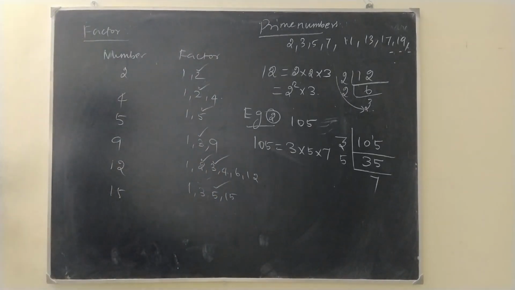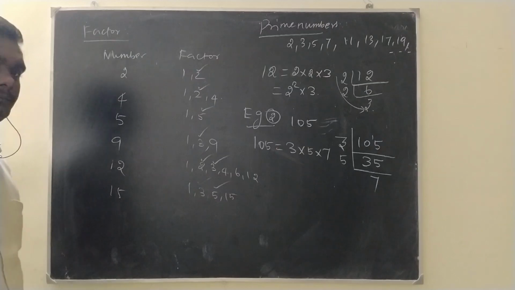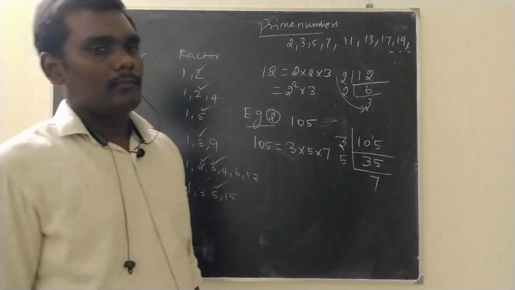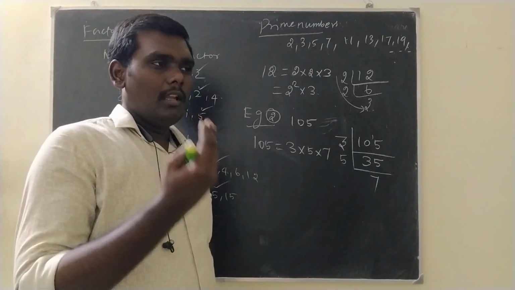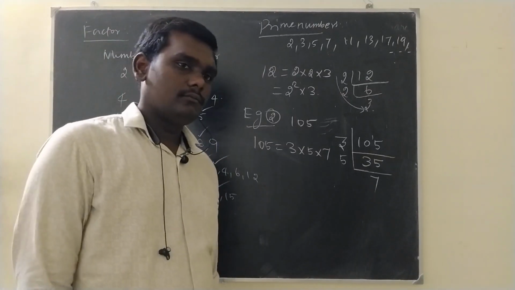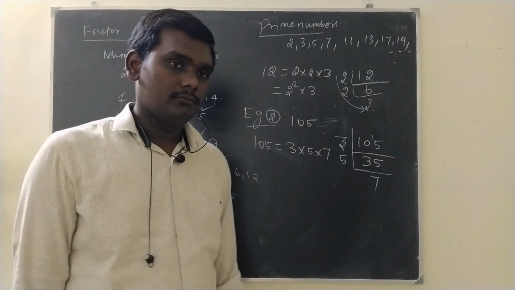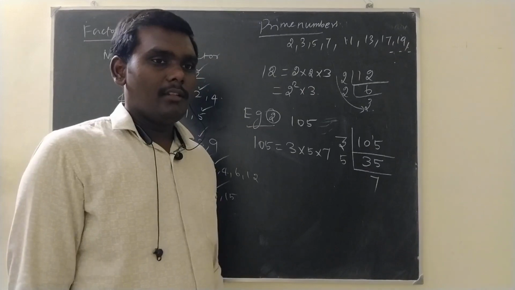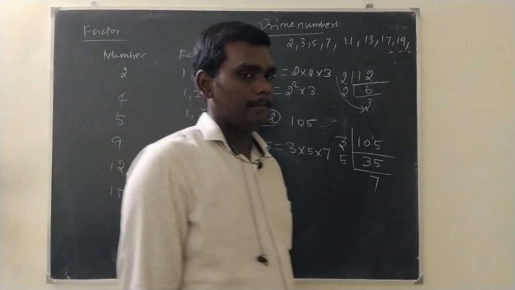Okay. Now, can you list out the factors of the numbers 11 to 15 except 12? 11 to 15, write the factors of the number.